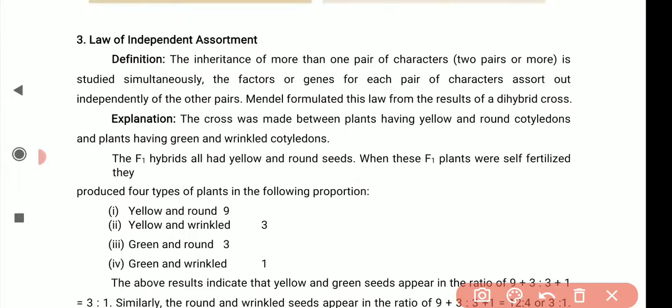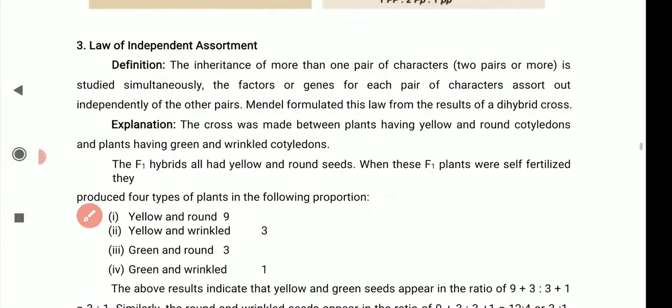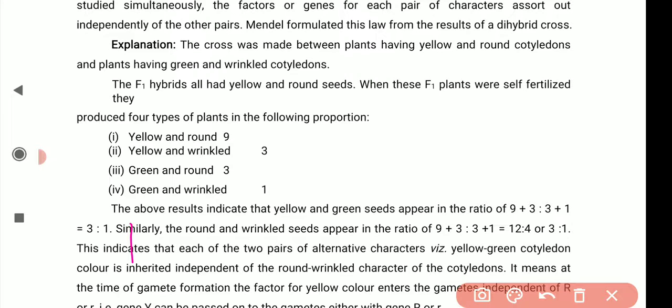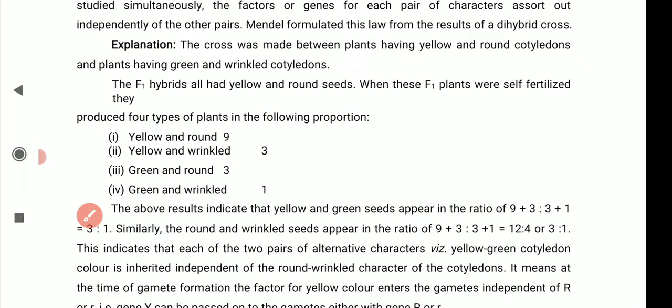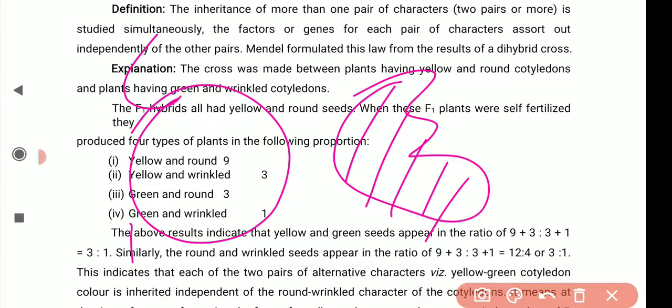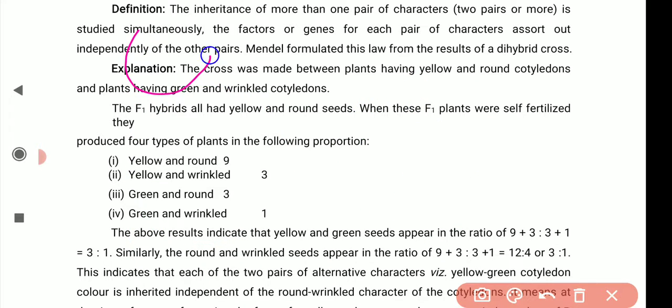The cross was made between plants having yellow and round cotyledons and plants having green and wrinkled cotyledons. So yellow and round, and green and wrinkled. The F1 hybrids all had yellow and round. So from the parent we start with yellow and round, and then green and wrinkled.